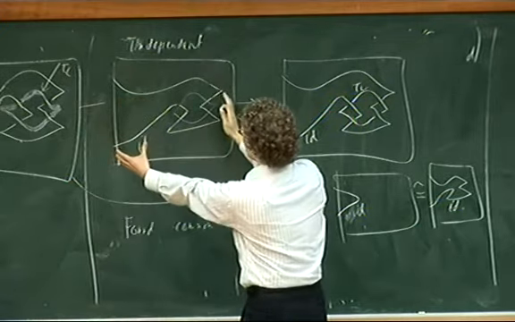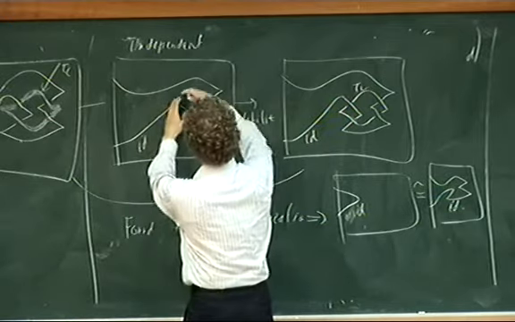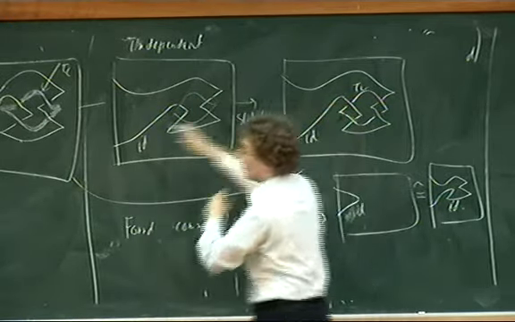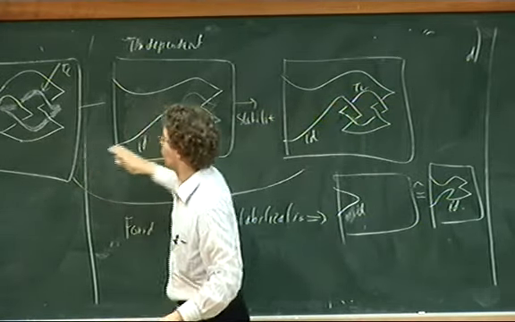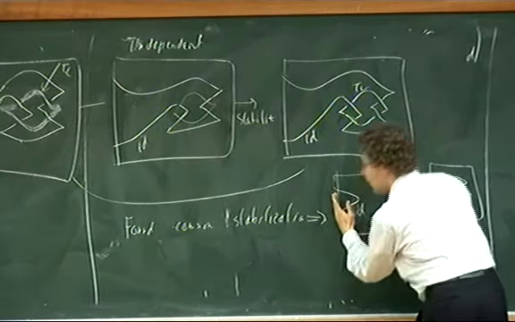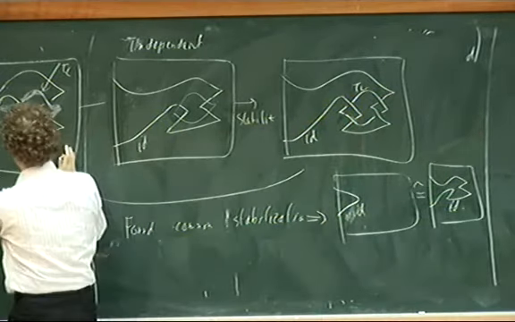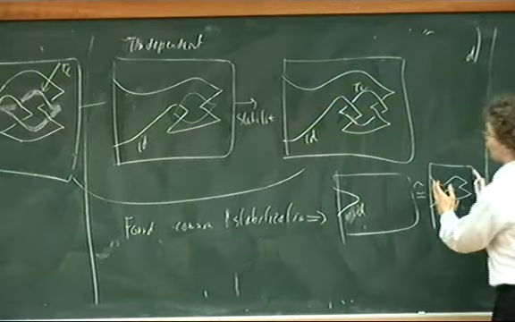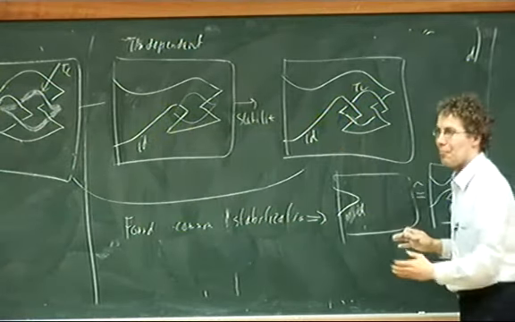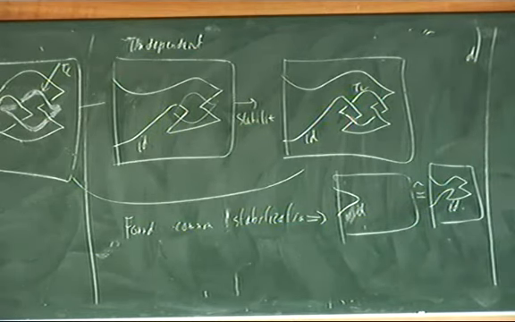This is a completely different picture, and I say, well, let's forget about this one, and then stabilize here, and then I get the same diagram. So what I've done is I've performed here a stabilization and then a handle slide, and I get this diagram. And here, I've just performed the stabilization, and I get the same diagram. So in other words, they must be contactomorphic. Okay.